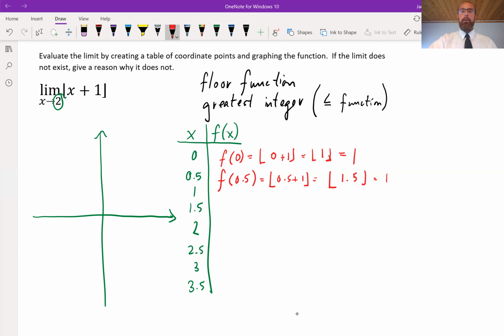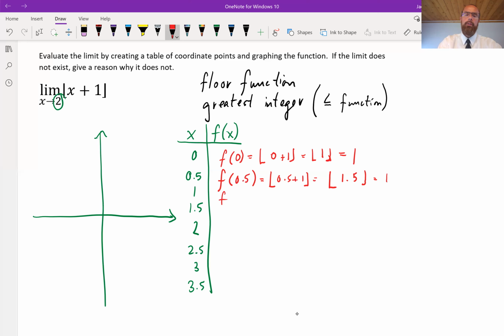Still 1. 1 is the closest integer that's less than or equal to 1.5. Why isn't it 2? Good. 2 is not less than 1.5. It's greater than. So there's another function called the ceiling function that would give us an output of 2 there. But for the floor function, we're saying what's the greatest integer less than or equal to that number?